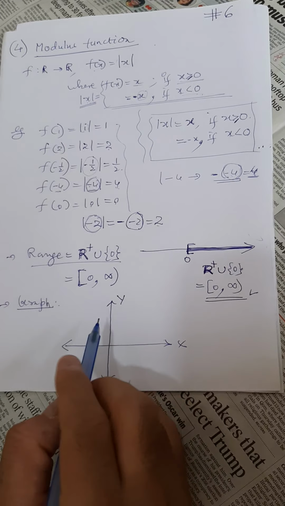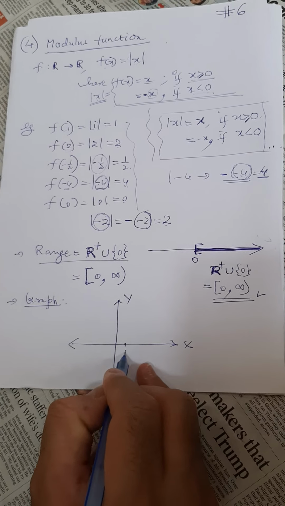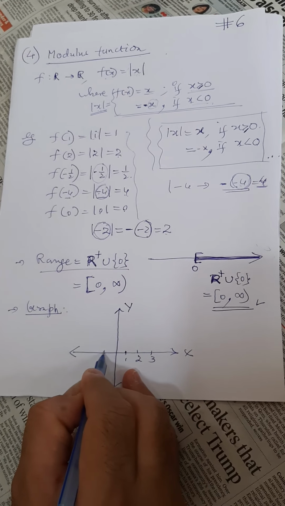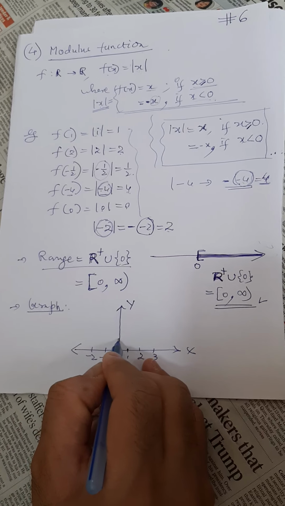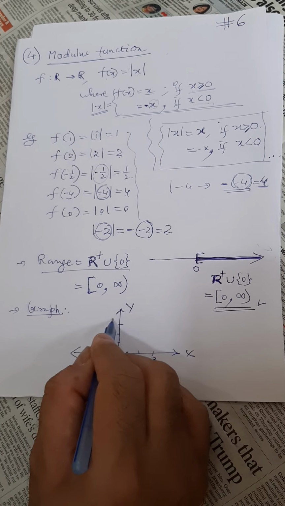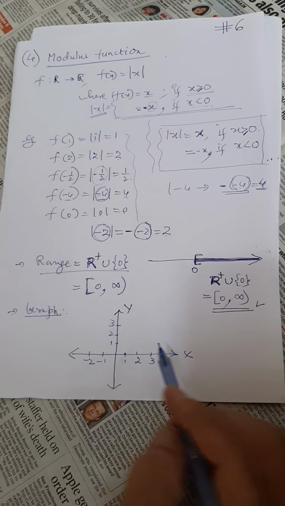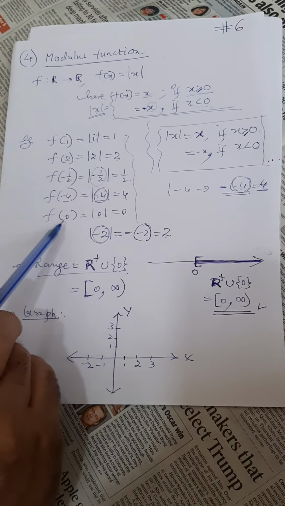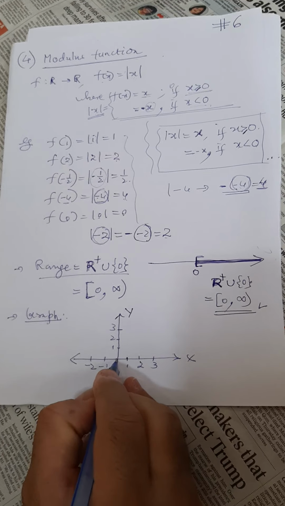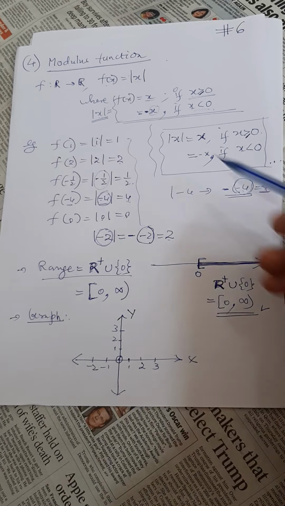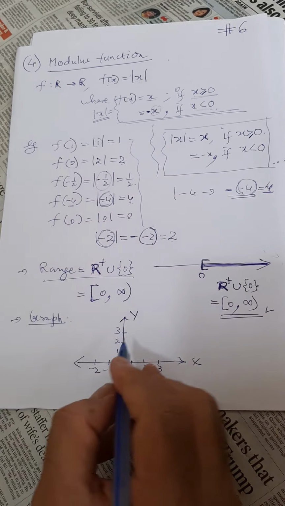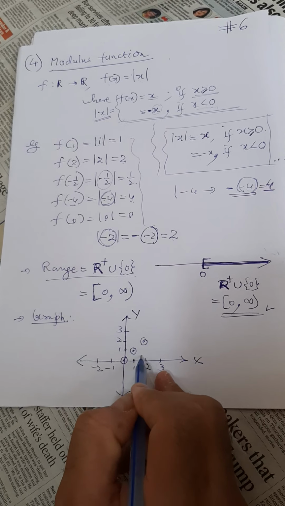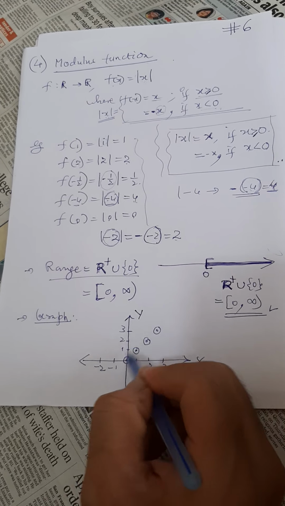Now you have some positive numbers here, 1, 2, 3, here your minus 1, minus 2, here your 1, 2, 3 and so on. The graph will not be below the x-axis because all values are positive. First I take 0, which gives 0, 0. If I choose 1, then the answer is also 1, so the point 1, 1. If I take 2, then 2, 2. Because it's positive. If I take 3, then 3, 3, this way.